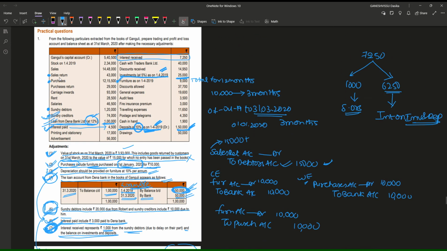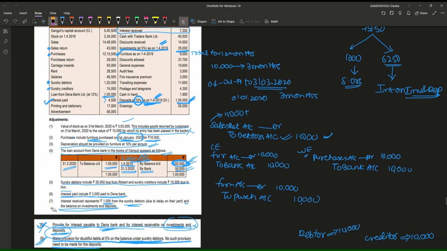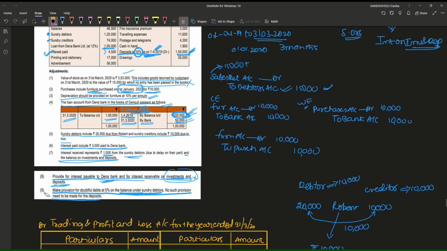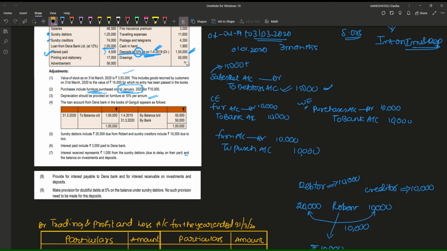Now we shall erase all these things and take down what we need to do. We need to deduct the sales returns value, and I think we have taken the adjustment in debtors. Simply we need to follow the trial balance.